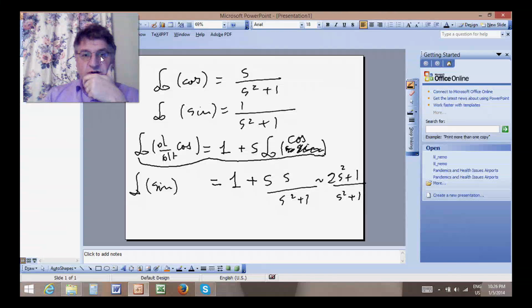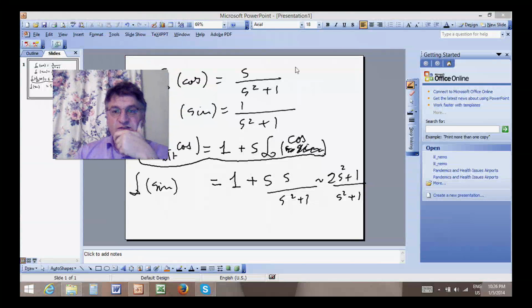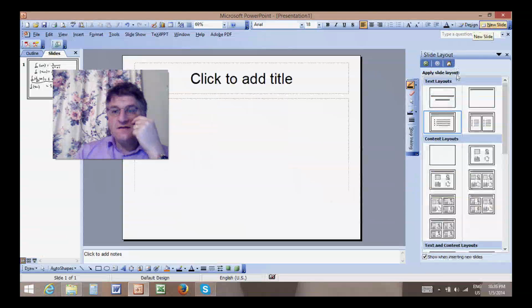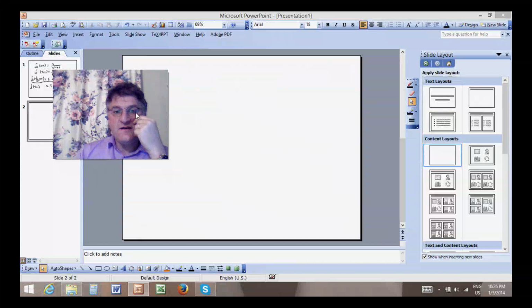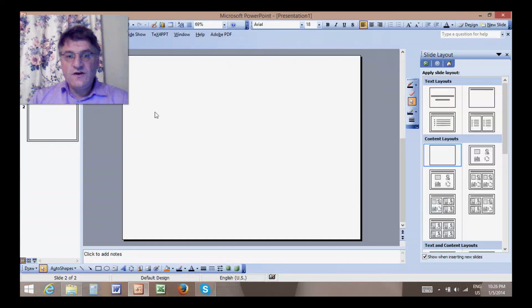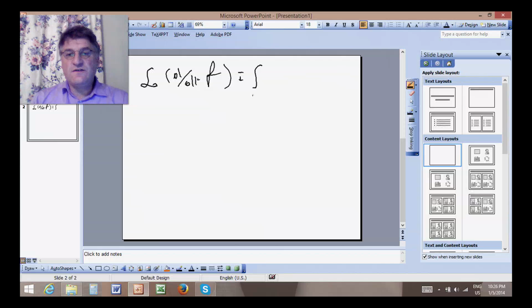So what I'm going to do is set that aside for a while and start a new slide. Here's a new slide. Okay, and let us redo this Laplace transform computation. So our purpose was to compute the Laplace transform of d dt of f. We know it is equal to the integral from 0 to infinity of e to the minus st f prime of t dt.